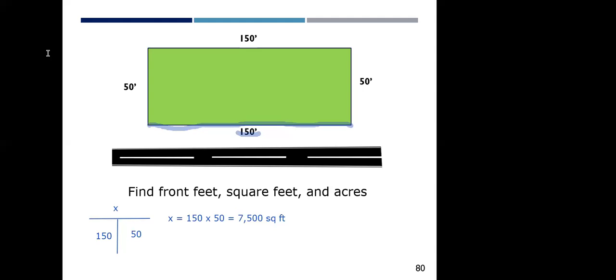Now that we know square feet, we can see how many acres. More than 1 acre or less than 1 acre? What do y'all think? A lot less, right? We got a little bit of square feet here. We are nowhere near an acre. So again, we can use our T-bar. This time I'm solving for acres, which we know the formula. We know that goes there. We know my square feet, 7,500, goes there.